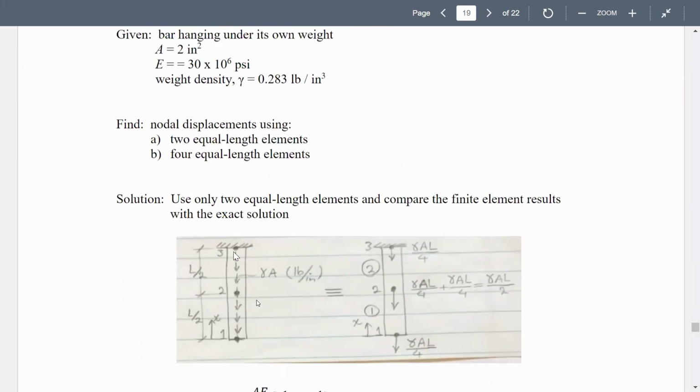This force is distributed uniformly at node 1 and at node 2 and node 3. So what is the total force on element 1? Can somebody tell me? This is element 1 from node 1 to 2.